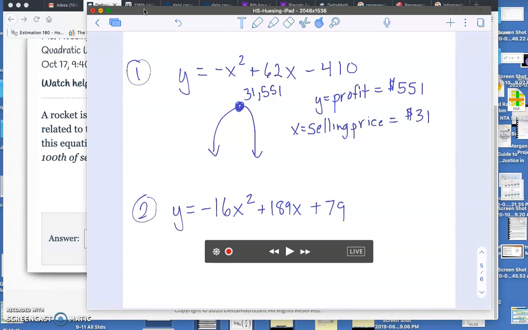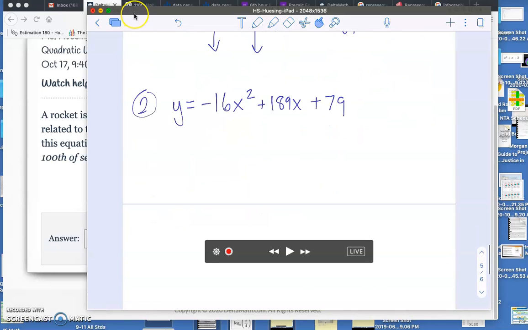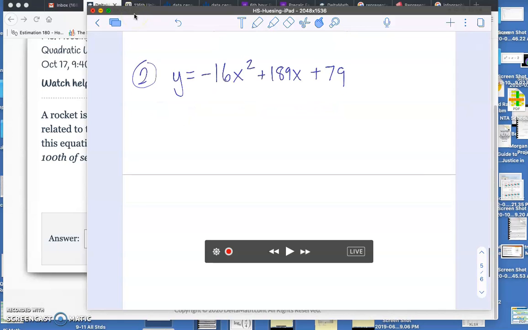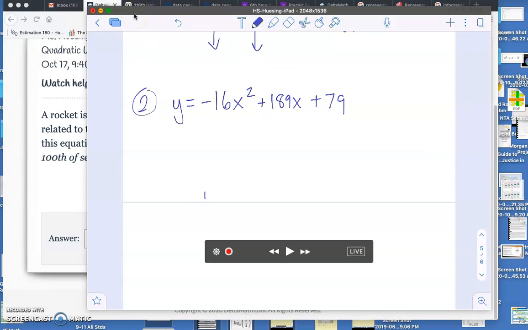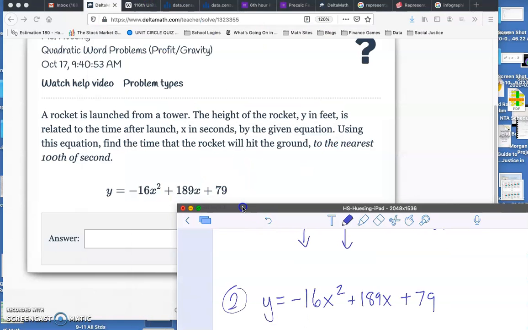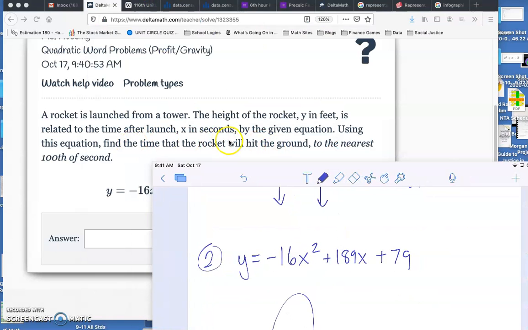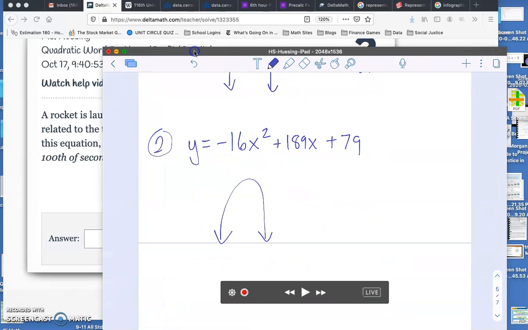Well, if we look at this again, it's a negative one, so we know that this has to be a parabola that is facing down. But what is it that we want to find? Using the equation, find the time the rocket hits the ground. And this is where a lot of times we always jump to the vertex. Well, this would be the maximum height.